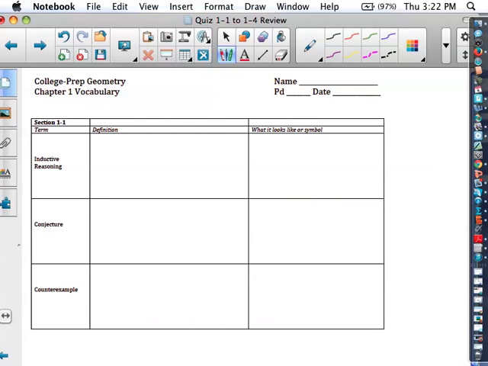Okay, we're going to start with inductive reasoning. And remember, inductive reasoning is reasoning based on patterns. These are patterns that you observe.